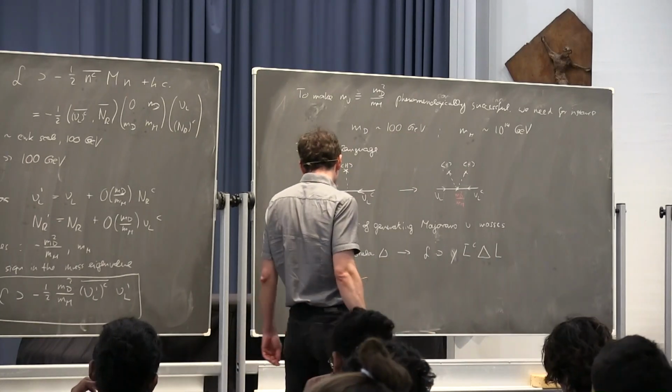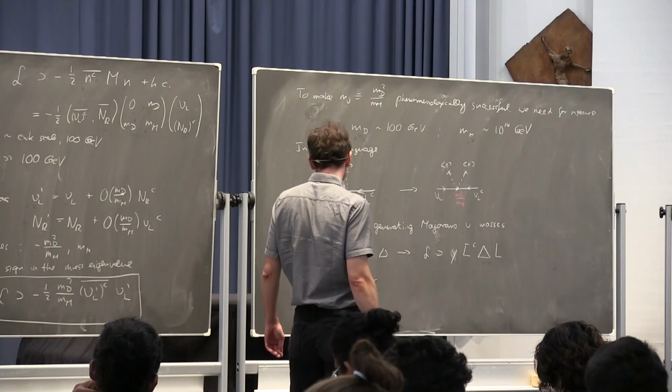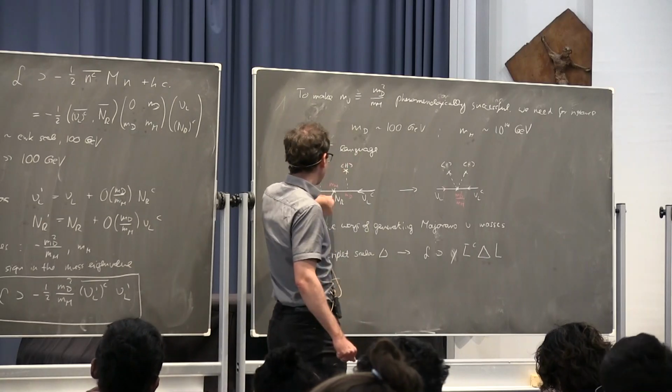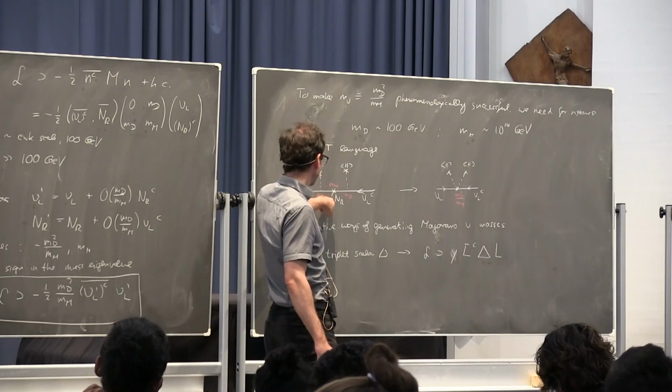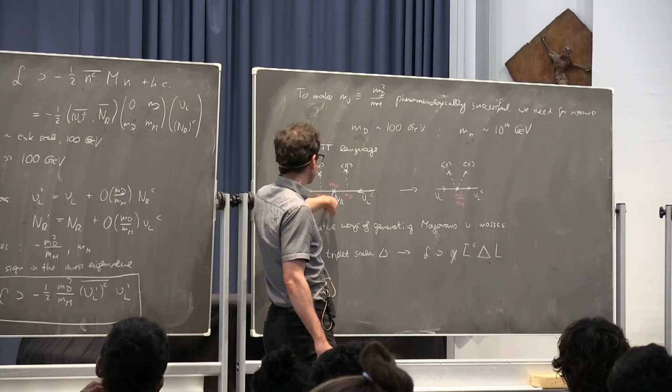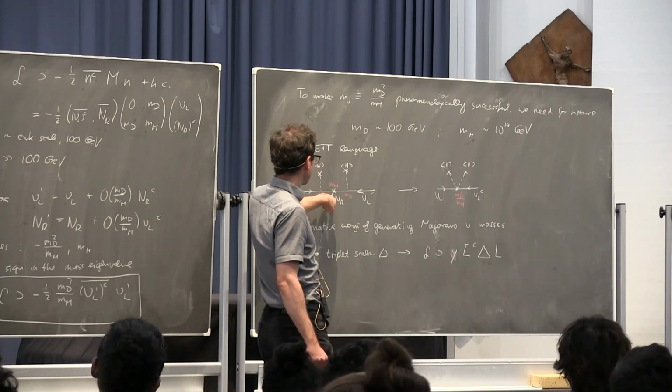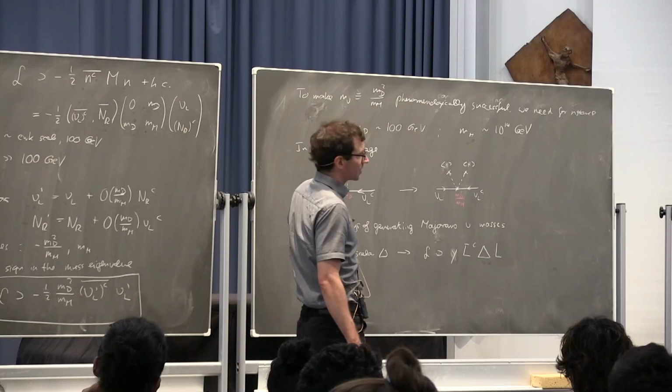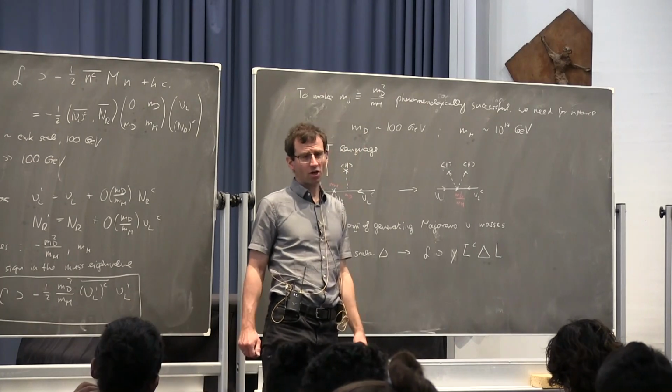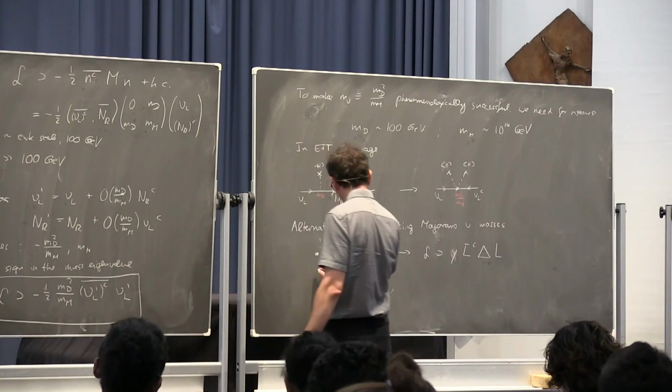Another possibility is, instead of integrating out a singlet fermion here, you could do the same with a triplet fermion and integrate it out. So there's a number of variations of the seesaw mechanism.